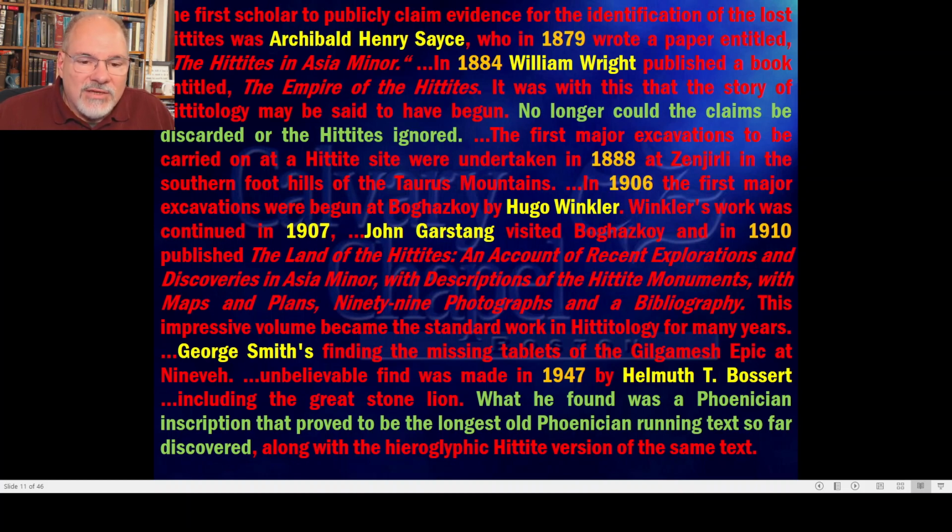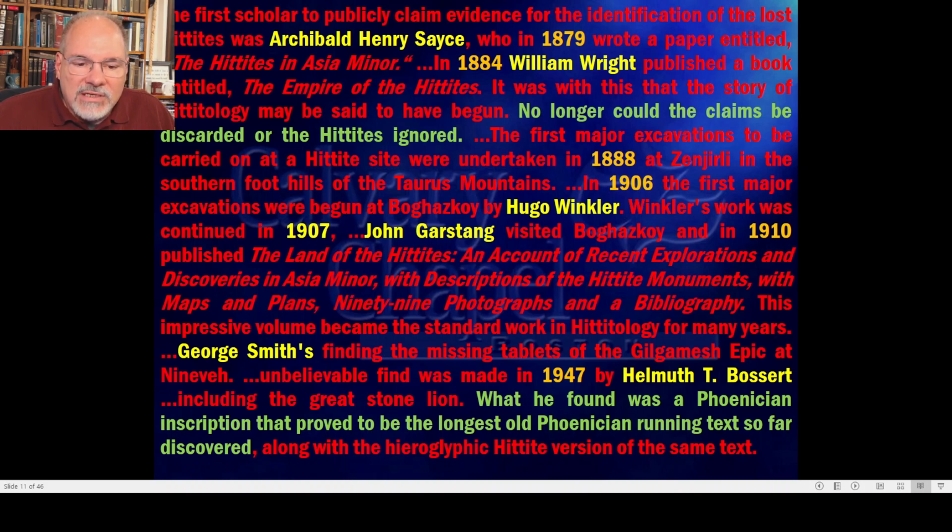The first major excavations to be carried out on a Hittite site were undertaken in 1888 at Zenjurli in the southern foothills of the Taurus Mountains. In 1906, the first major excavations were begun at Bogazkoy by Hugo Winckler. Winckler's work was continued in 1907.